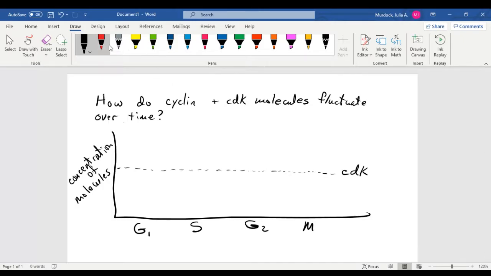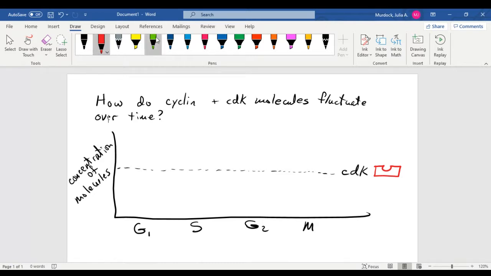Those molecules that I had colored in red are just always hanging around. Sometimes they're activated, sometimes they're not. It depends, hence the cyclin-dependent kinase term. It depends on the concentration of the cyclins. And cyclins, true to their name, cycle during the time of the cell's life.